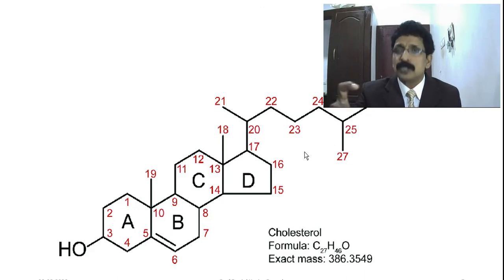Saponin also has the same basic ring structure. So a steroid will have A, B, C, which is the phenanthrene ring structure with 3 6-membered rings, and a D with a 5-membered ring structure.